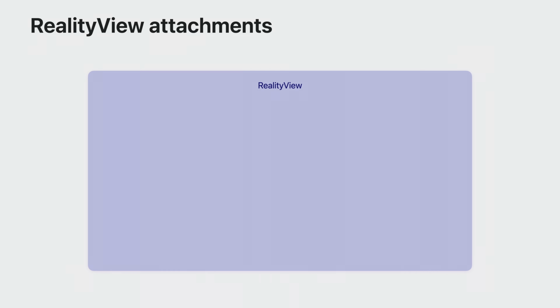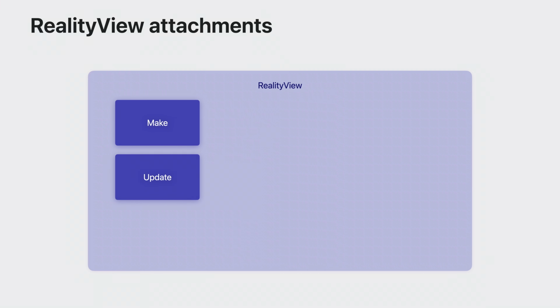Here's how data flows from one part of the reality view to another. Let's look at the 3 parameters to this reality view initializer. The first is make, which is where you load your initial setup scene from your Reality Composer Pro bundle as an entity, and then add it to the RealityKit scene.